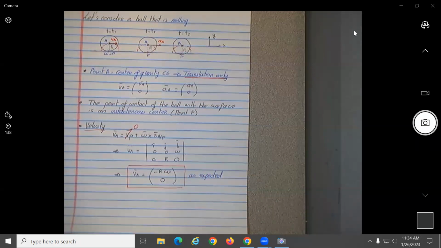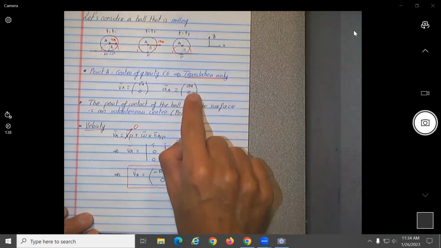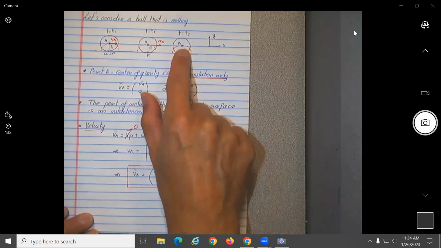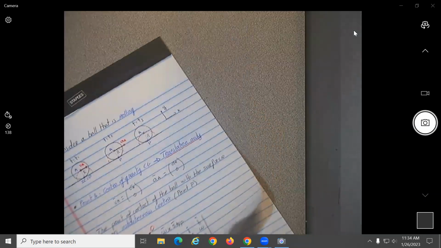Now comes the problem with the acceleration. So let's go back. The real motion of point A is translation only, and it only has a component on the X. Yes? Okay. So let me just redo a figure. See if I can do a better figure.